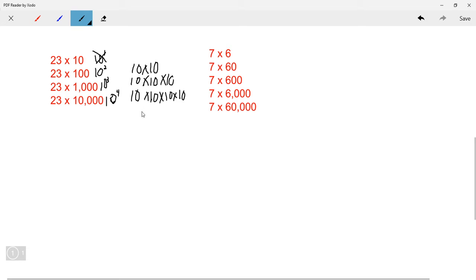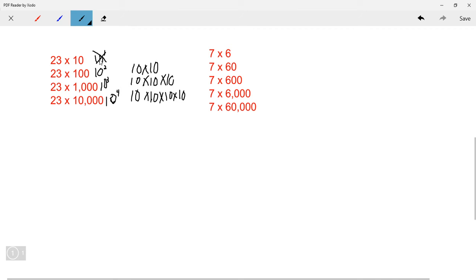And the reason is because it just means 10 multiplied by itself this many times. The answer for 10 times 10 times 10 times 10 is 1 with however many zeros, since 10 multiplies by 10 that many times. So it'll just be 4 zeros for 10 to the fourth.